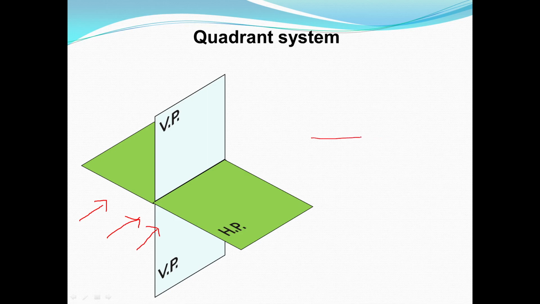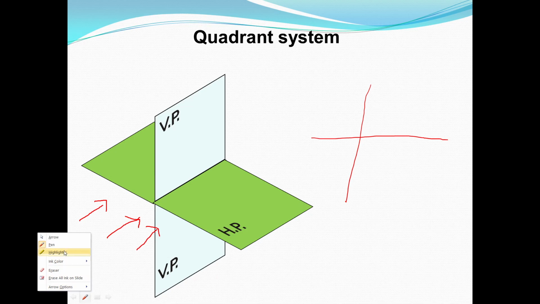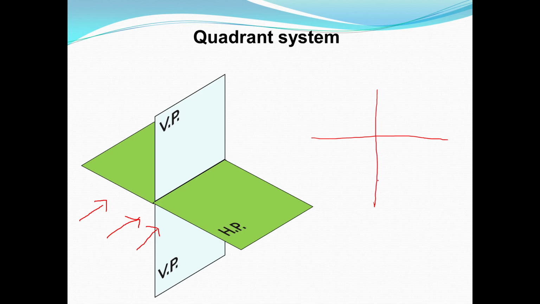The horizontal line is the x coordinate system, as we use on graphs, and the vertical plane, the VP, is the y coordinate system. Okay, I will redraw this vertical line, as it is somewhat inclined. Okay, now we can see that.